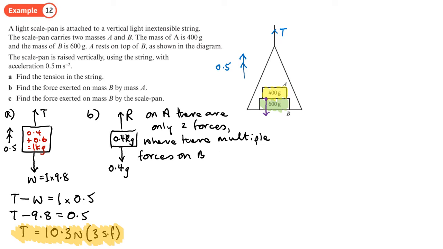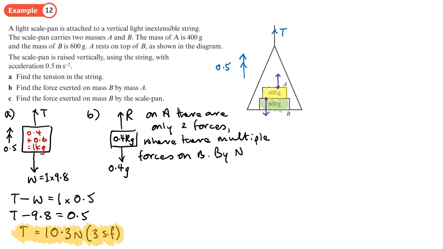Now, why can we use A instead of B? Well, as we've shown here, this is the force that we want to work out, but actually that's equal and opposite to this force. I could draw it at the top or the bottom of A, and that is the force exerted on mass A by mass B. And we can use Newton's third law to say that those two are equal. So I'll write this down.